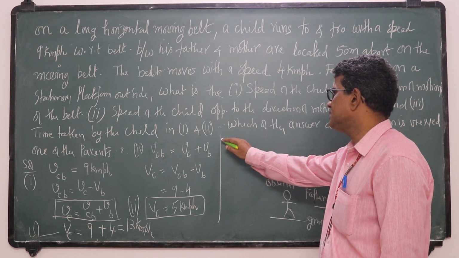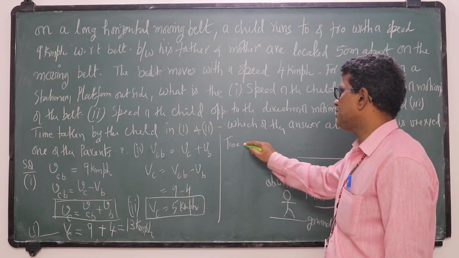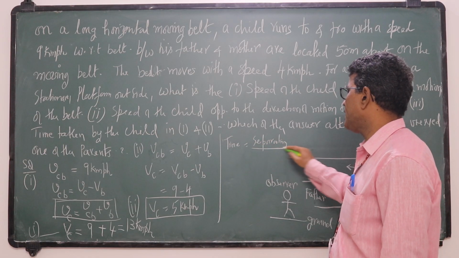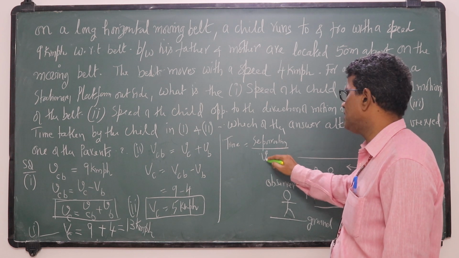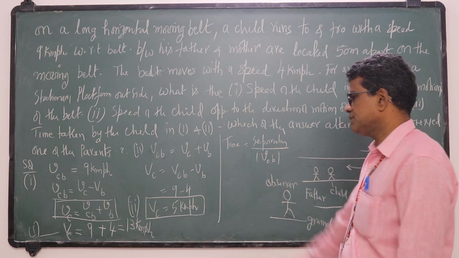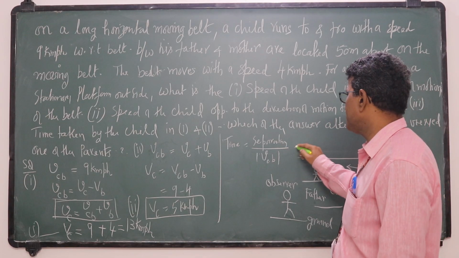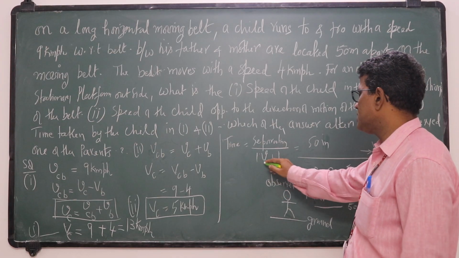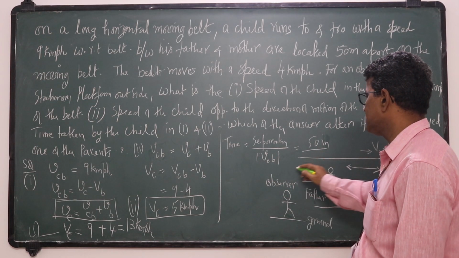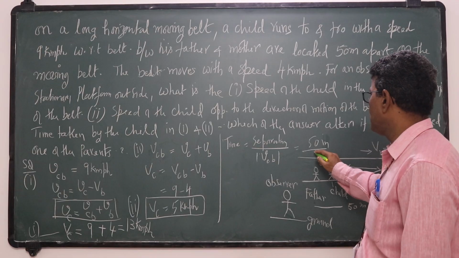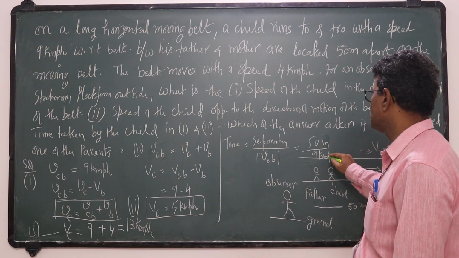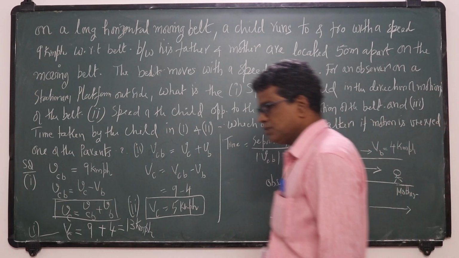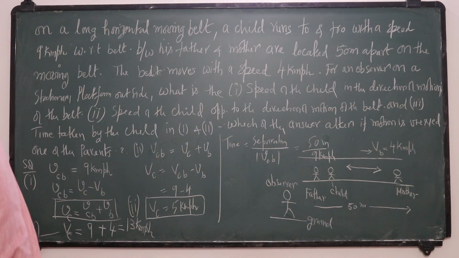Time is equal to separation by magnitude of relative velocity, the velocity of the child with respect to belt. The separation is 50 meters. Velocity of the child with respect to belt is 9 kilometers per hour. You convert into meters per second. So I will write here this third one.